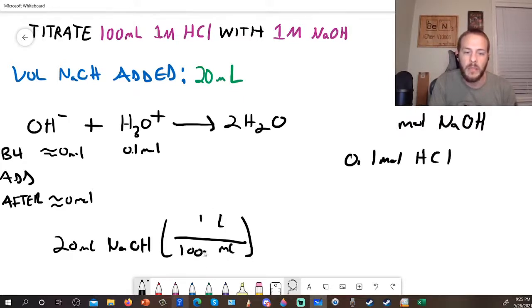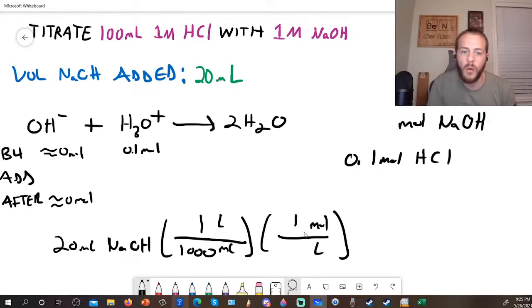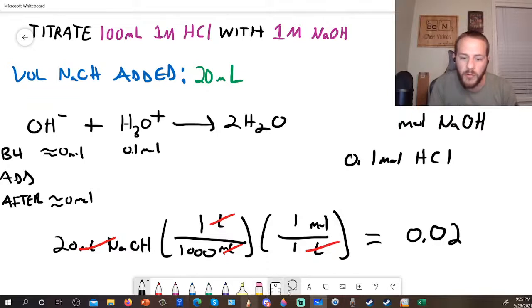There are 1,000 milliliters in 1 liter. Now that we have liters, we can convert that into moles using the molarity. Liters on the bottom, moles on top. 1 molar means there's 1 mole for every 1 liter. Units are going to cancel: milliliters, milliliters, liters, liters. And we end up with 20 divided by 1,000, which is 0.02. Yeah, 0.02 moles of NaOH, right?